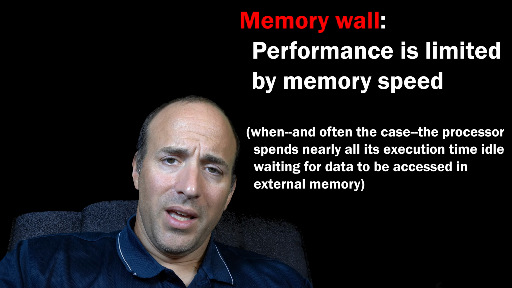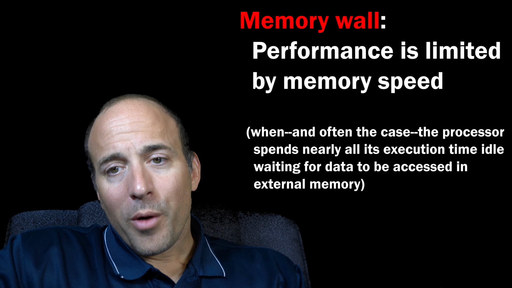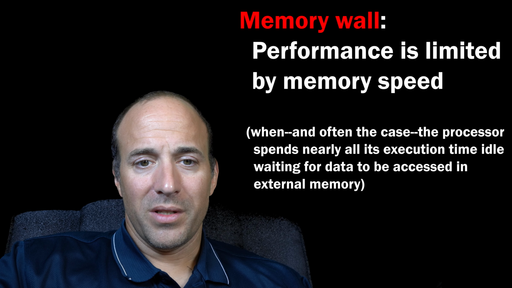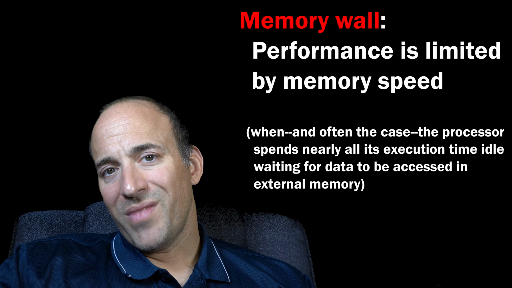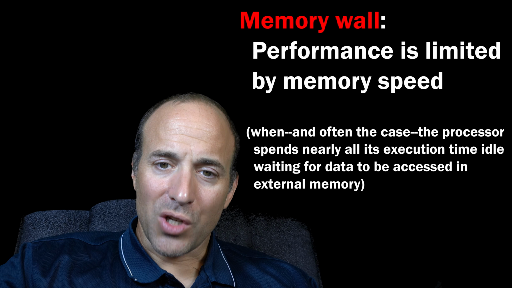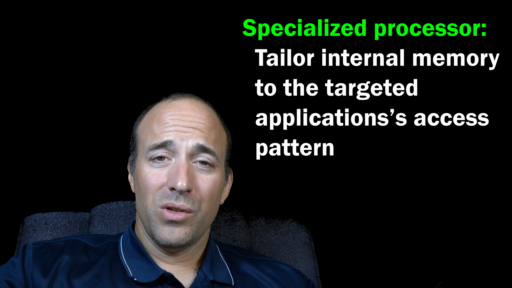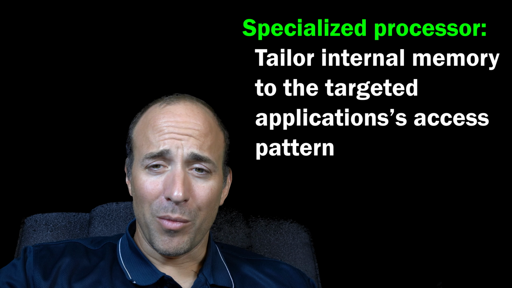Now, specialized processors are faster than general CPUs. Why? The first has to do with the memory wall, in which the external memory often becomes a performance bottleneck, and limits the performance for many types of applications that require high performance. Specialized processors overcome this by customizing the structure of their internal memories to minimize the use of external memories.